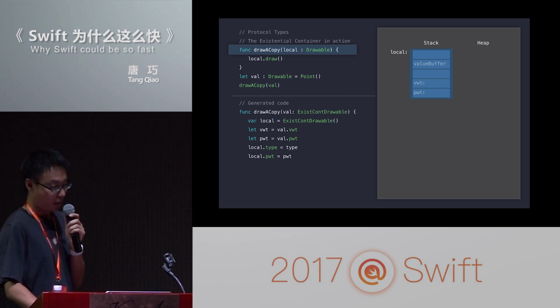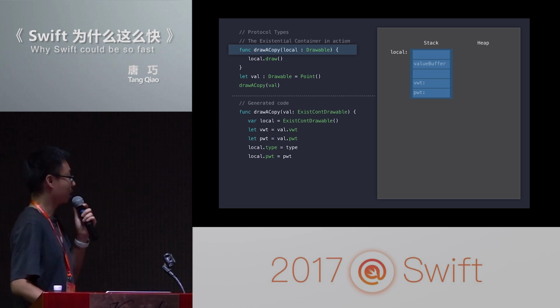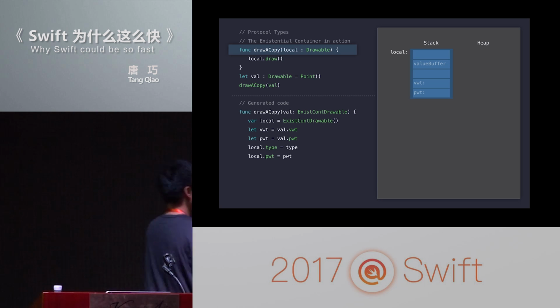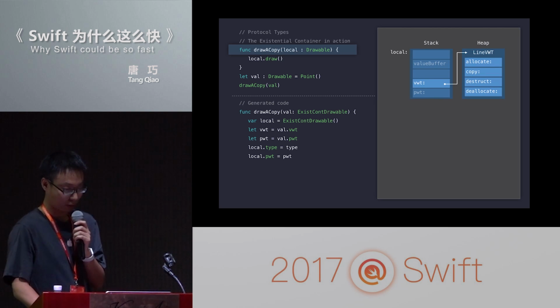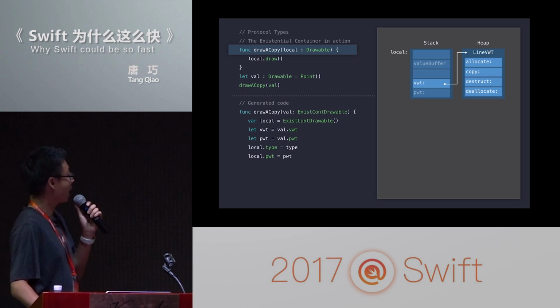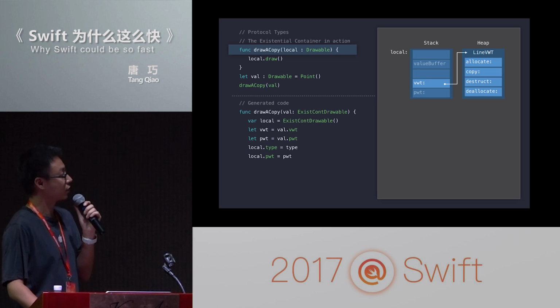And then it will initialize the witness tables. We can see it initializes the value witness table and the protocol witness table. So we have the value witness table.